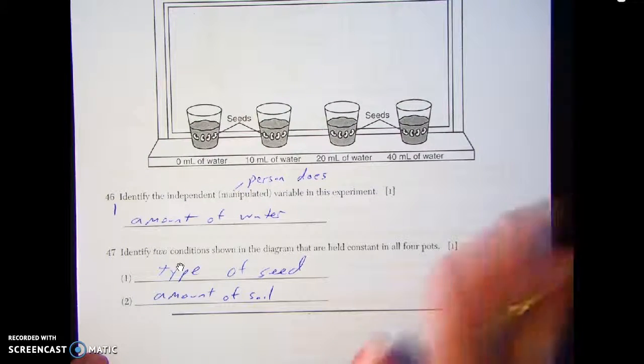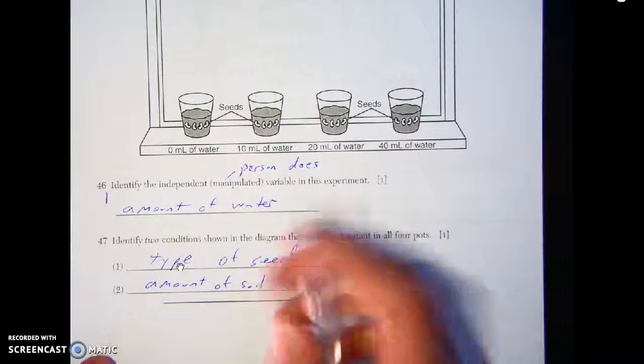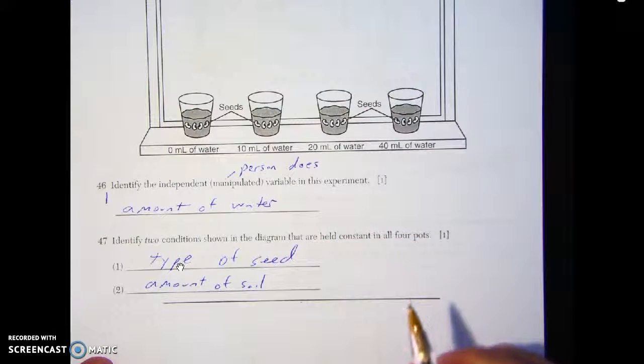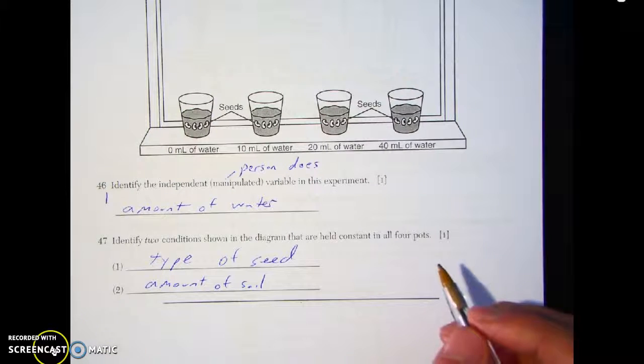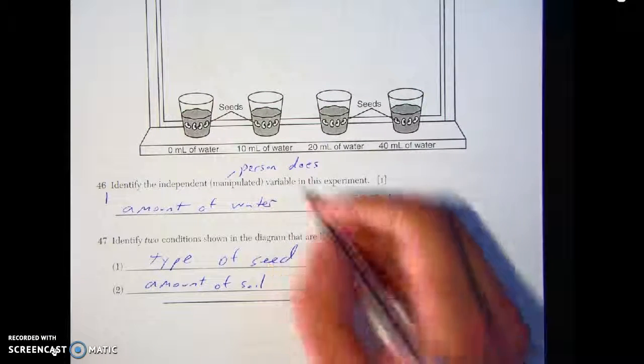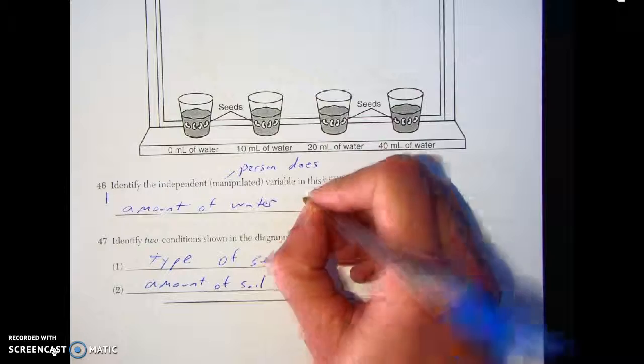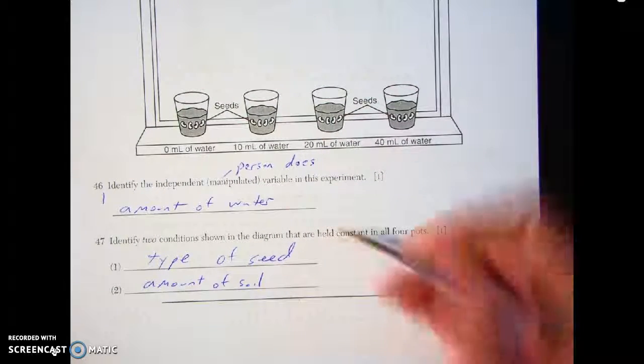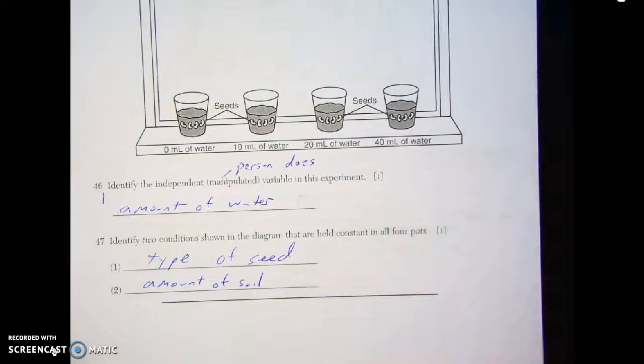The common mistake here is that one thing you really can't put here is amount of water, because that's the one thing we're changing, and that can't be a constant if we're changing it.